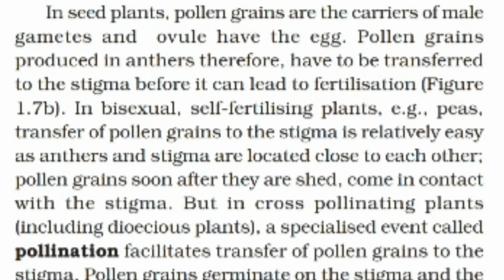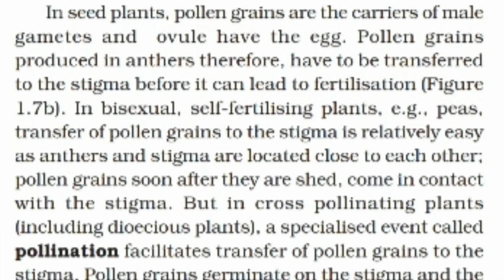Pollen grains produced in anthers have to be transferred to the stigma before they can lead to fertilization. As you all have learned in class 10th, in the longitudinal section of the flower, male gametes are produced by the anther and all the eggs are contained by the ovary.